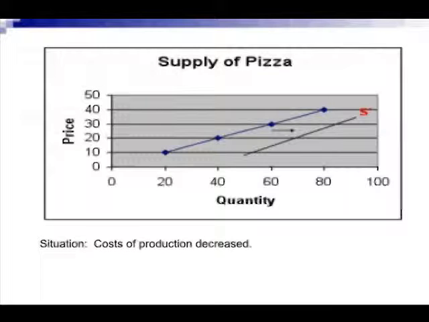I'm just sticking with pizza here. Here's our supply curve, upward sloping from left to right. And what we see here is the new supply curve is to the right. So there's been a rise in supply. What would have caused that? Well, the cost of production decreased. What could it be? Well, it could be that maybe the company went to a different supplier, so they got raw materials in cheaper.